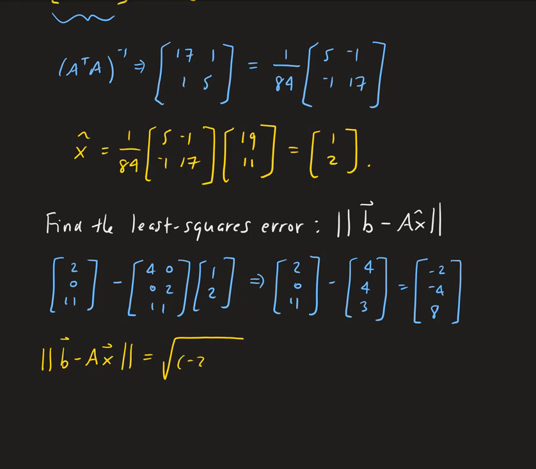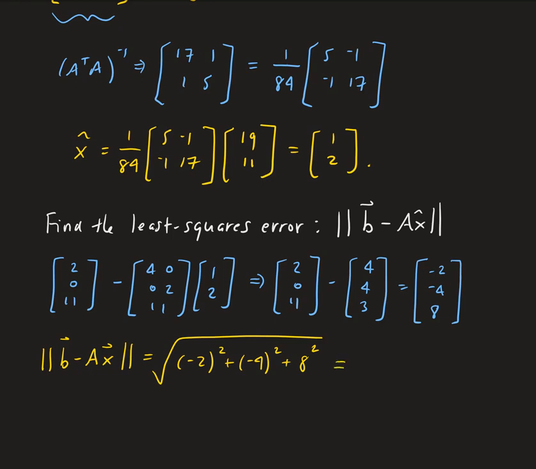So we're going to have negative 2 squared plus negative 4 squared plus 8 squared, and then we take the square root. This is what's called the Euclidean norm.